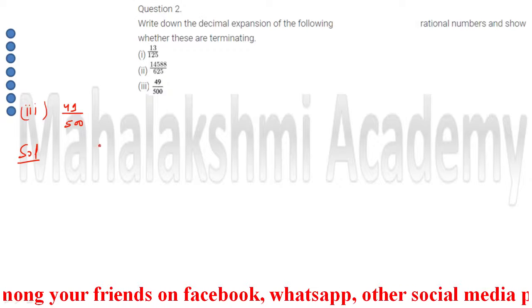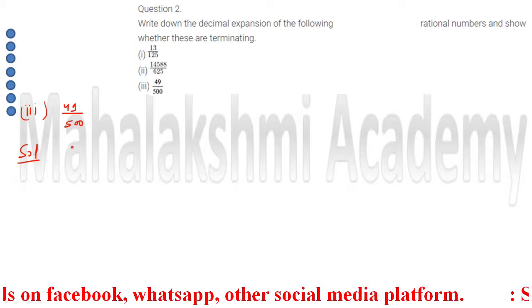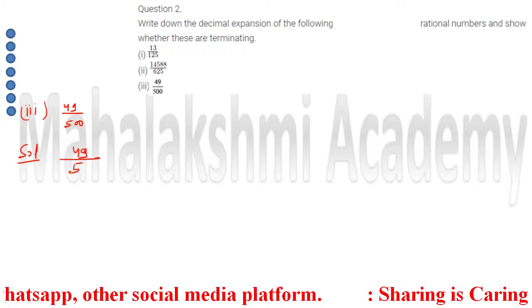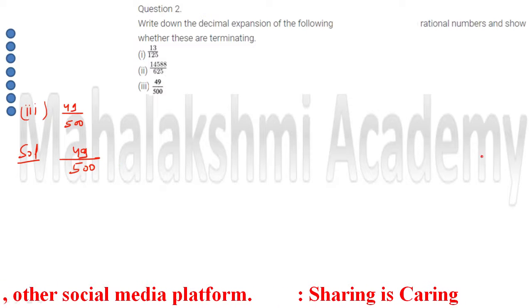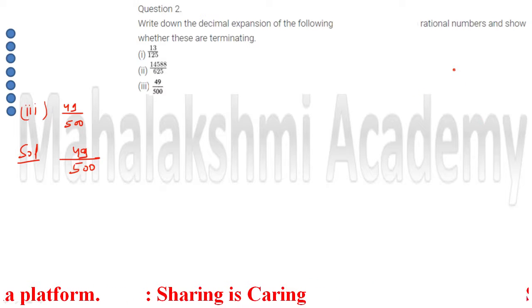So here first step is to convert the denominator in its factor form. So the denominator is 500. So in rough column, first we will factorize the denominator.